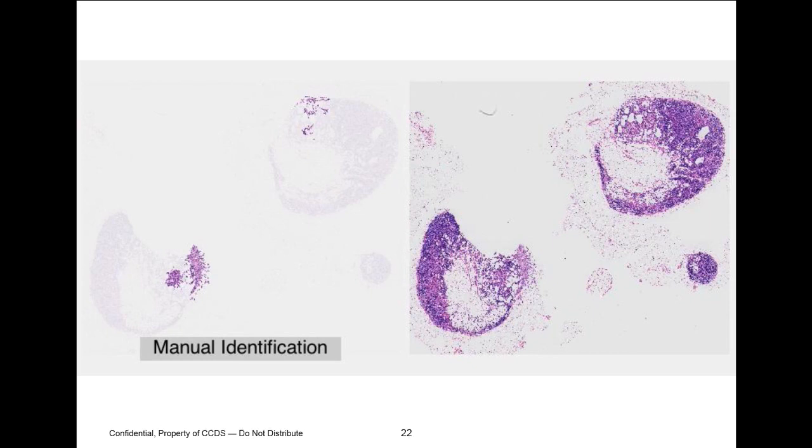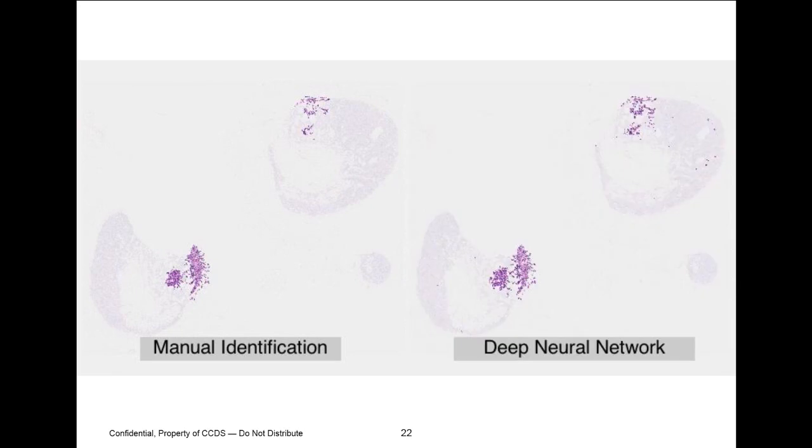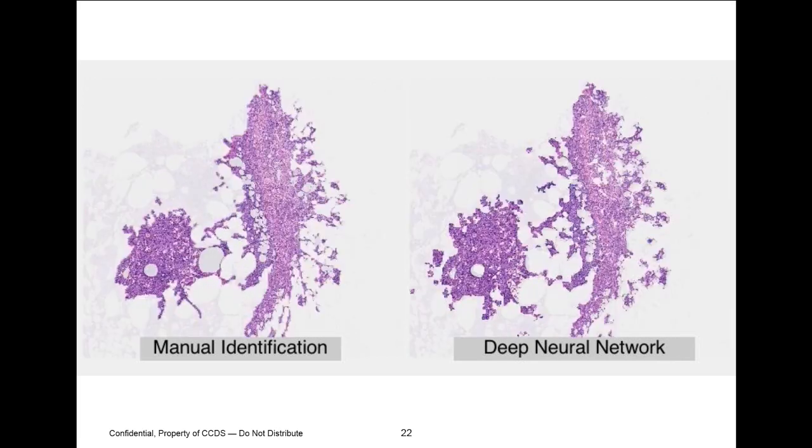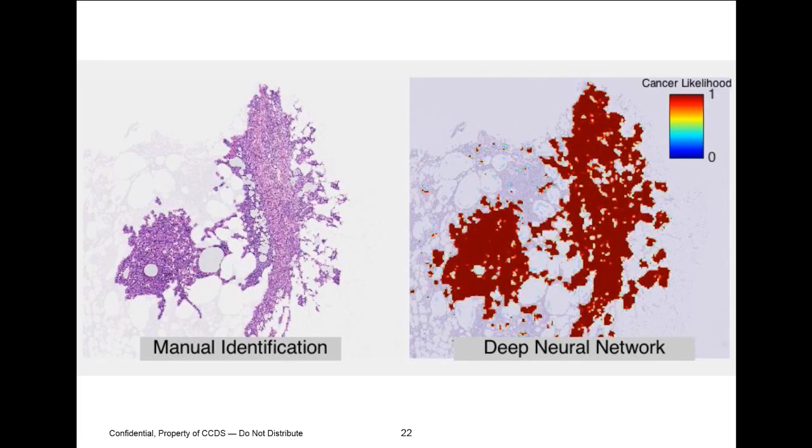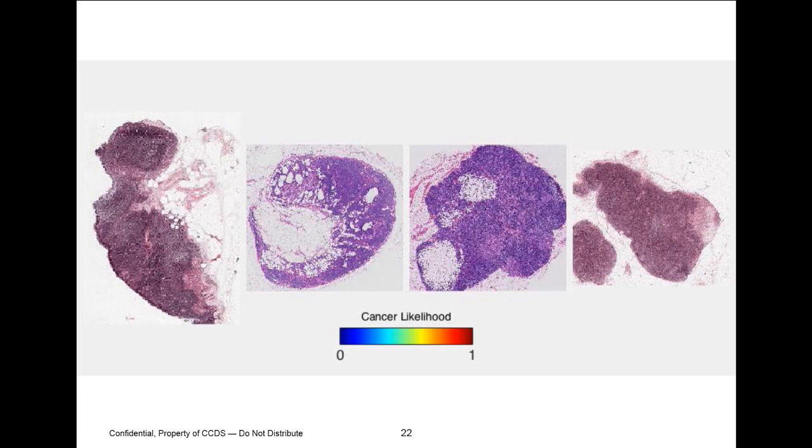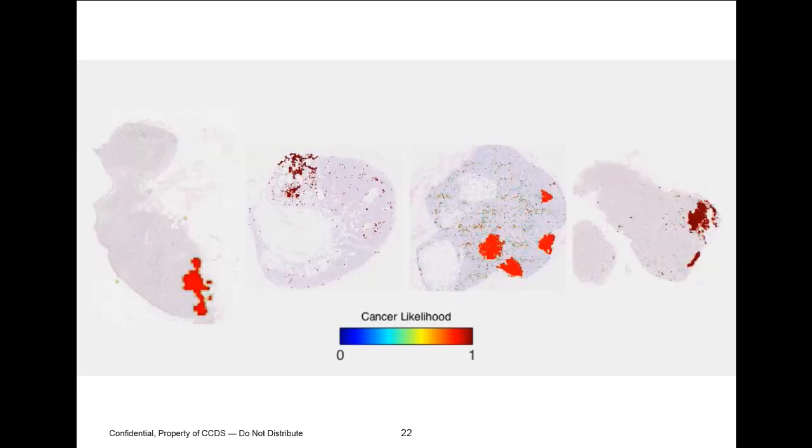And here's an example of manual identification by a pathologist. There's the deep neural network output, and you see that there's a high level of concordance with this task. So here's sort of an attentional map or a likelihood map, which you can read as the likelihood that the computer thinks that what it's looking at is cancer.